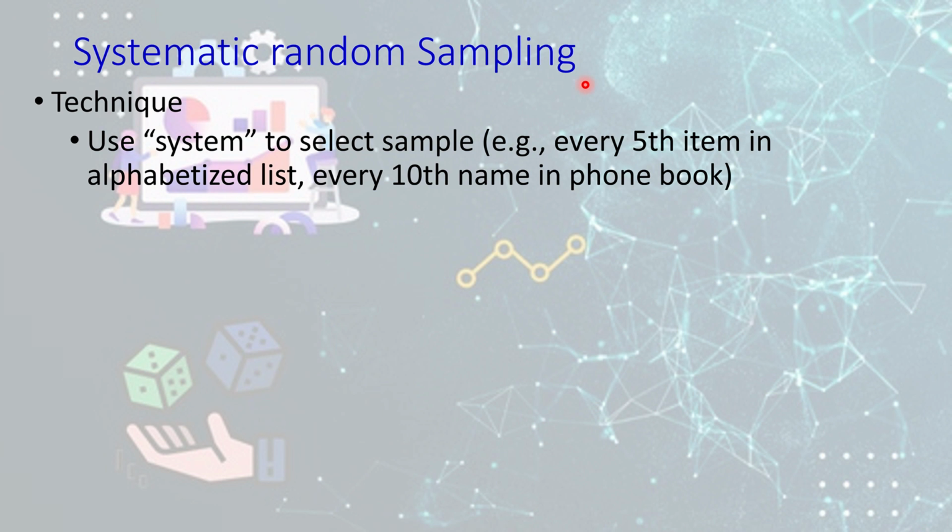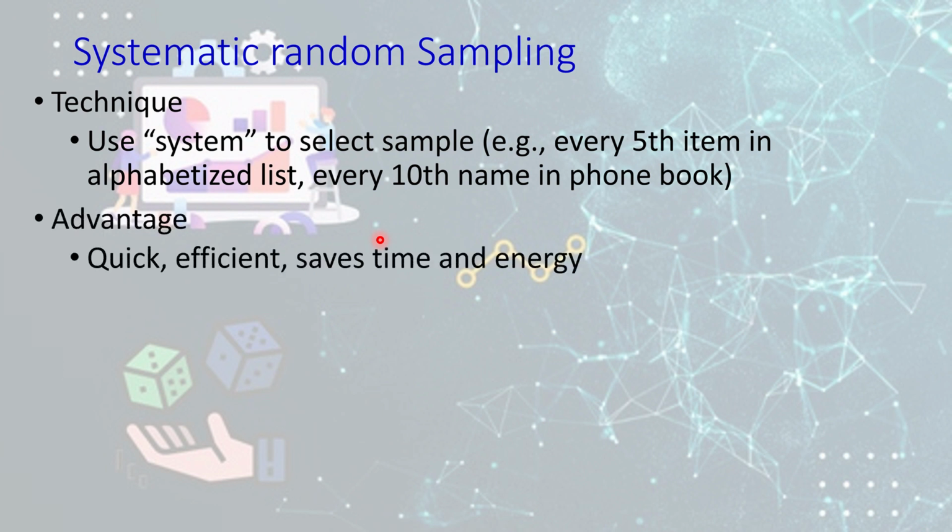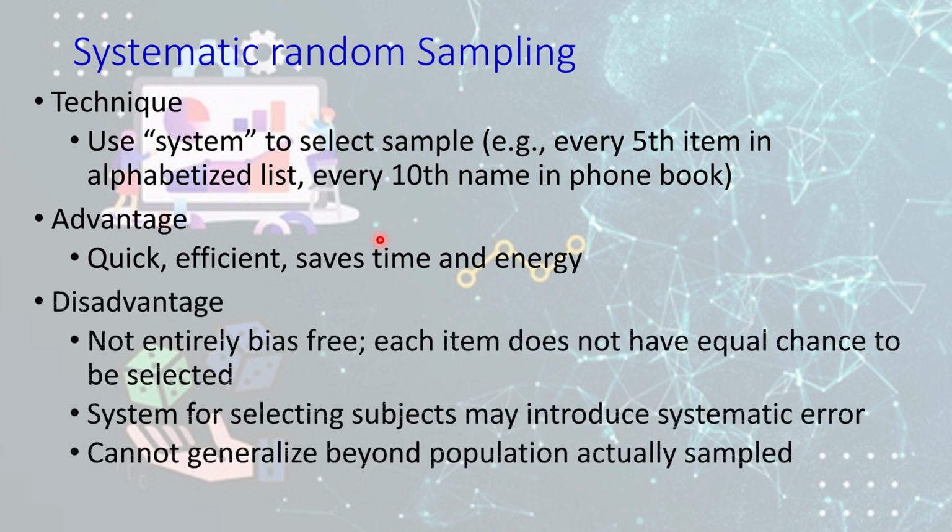Like every 5th item in the alphabet list, every 10th name in the phone book, or every student whose class number is divisible by 10 is selected for a sample, and so on. That's a simple system you have to introduce. It's quick, efficient, and obviously it will save your time and energy as well.